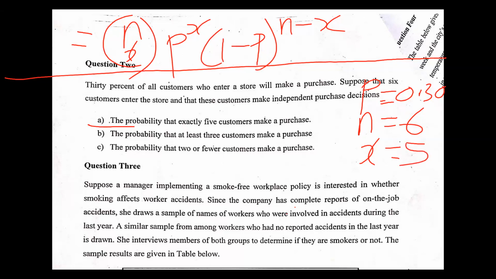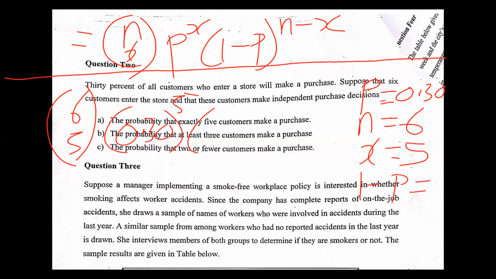Then we can now compute into the formula. I think you have practiced how to do the combinations. So our N is 6 combinations of 5. Our probability is 0.30 to the power X, and our X is 5, times 1 minus the probability.